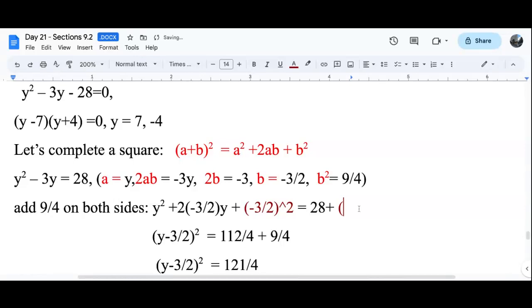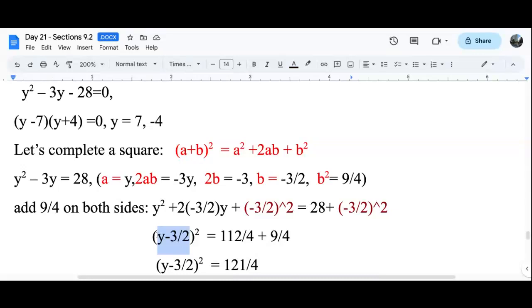Maybe this makes better sense. Negative 3 over 2 squared. Right? You say a is y, b is negative 3 over 2. So we have a squared plus 2ab plus b squared, and that is a plus b squared.